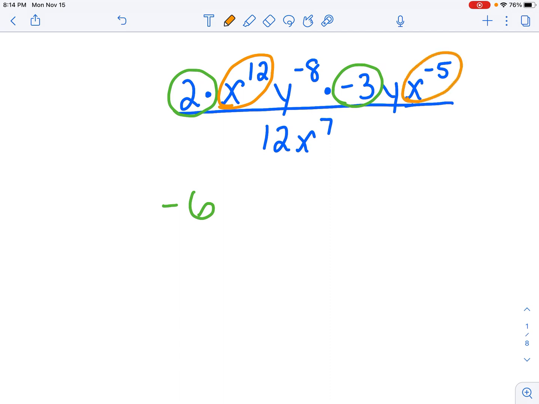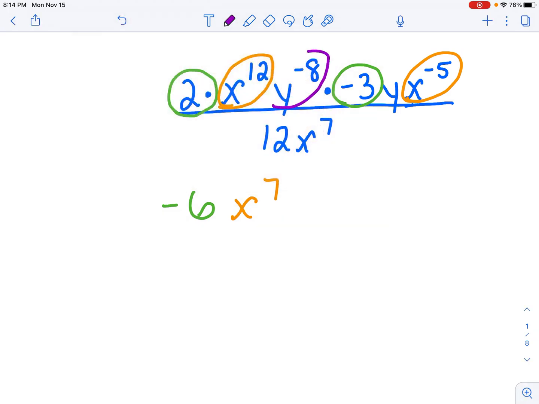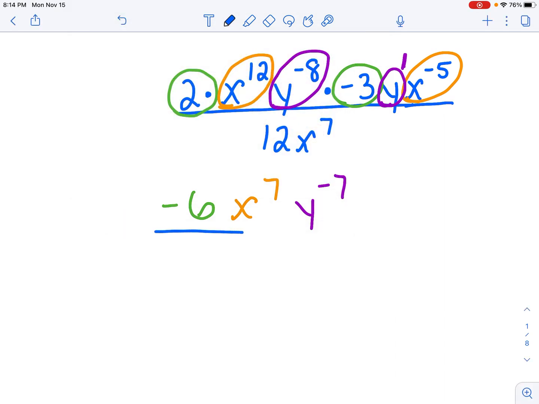Multiplying at the base level means I can add the exponents. So let's see, 12 plus -5 is 7. That works out nice. And then I can deal with the y's as well. Y to the -8 times y to the first. That's y to the first. -8 plus 1 is -7. And then in the denominator, I still have 12x to the 7th.